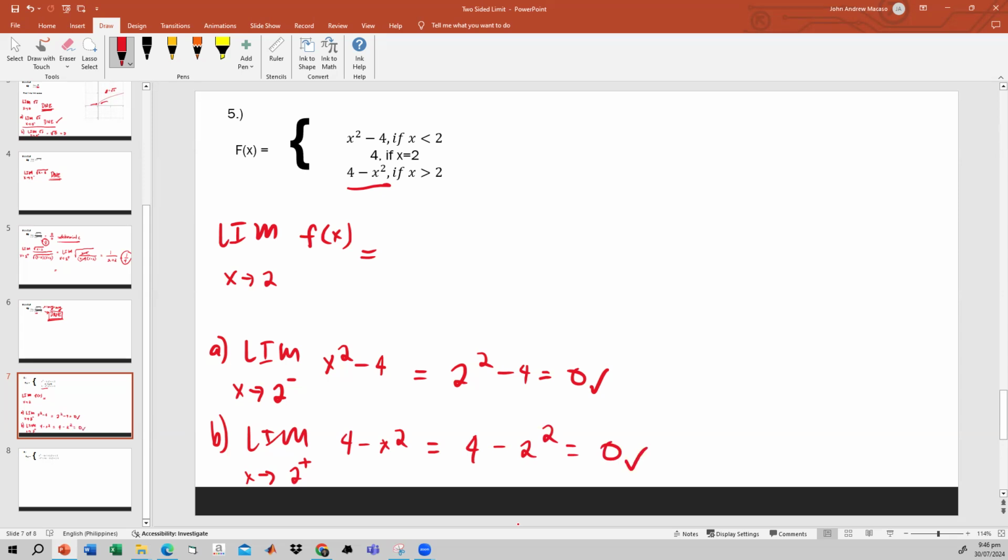So the limit from the left of 2 exists, which is 0, and the limit from the right of 2 exists as well, which is 0.